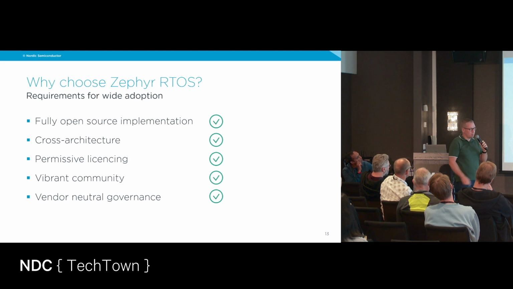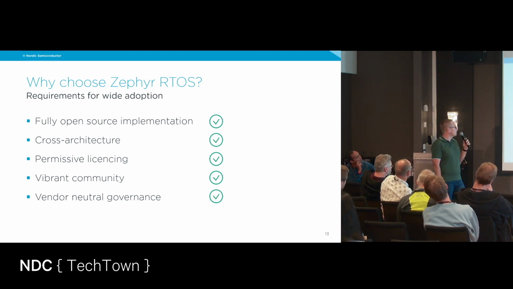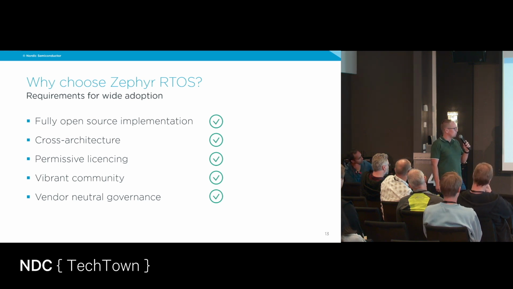Let's just go through a few things that we think are required for wide adoption and long-term success. First, you need a fully open source implementation. That's what you need to get community engagement. Then cross architecture implementation, that means silicon implementation.